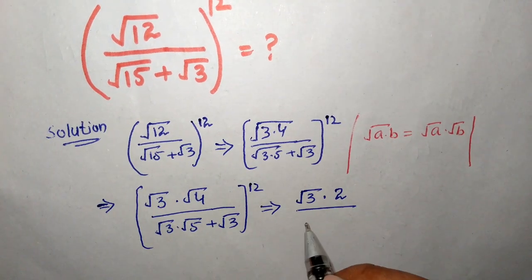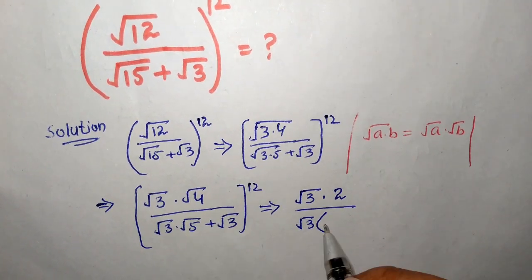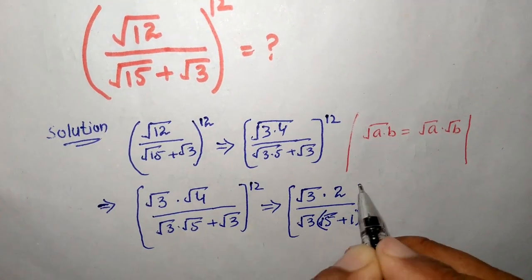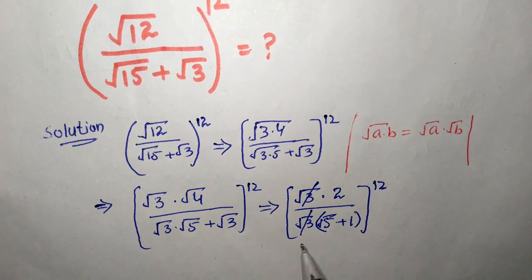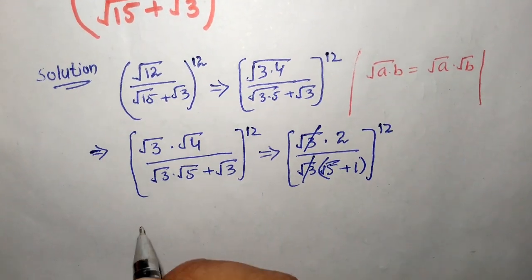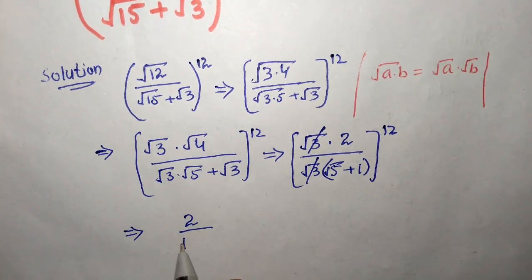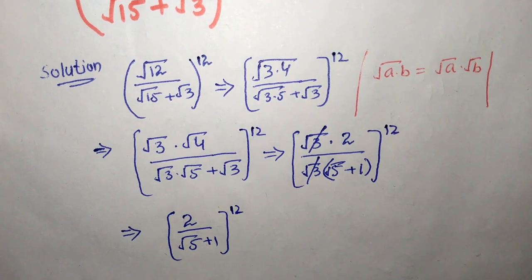Over here, we take the square root of 3 common, so the square root of 5 plus 1 is left, to the whole power of 12. Now this square root of 3 cancels with this square root of 3, so it becomes 2 over the square root of 5 plus 1, to the whole power of 12.